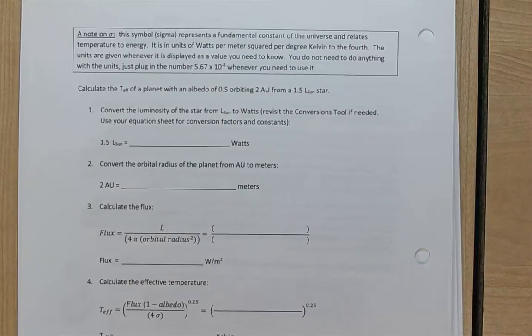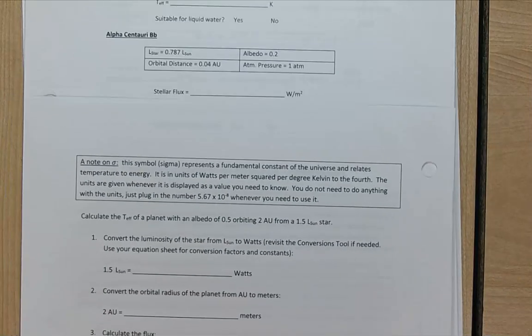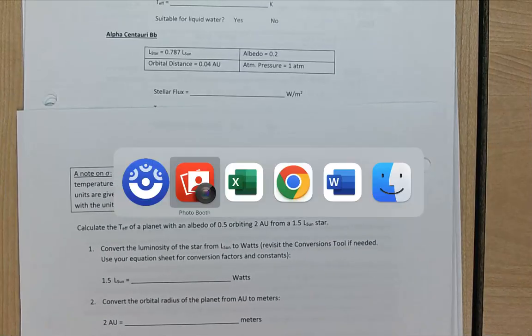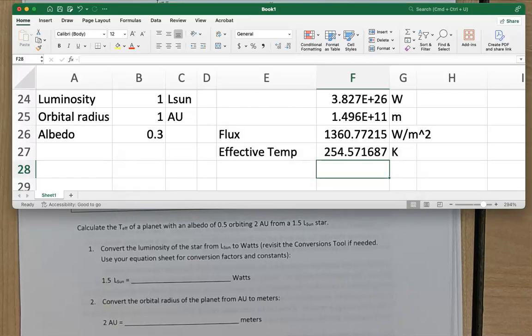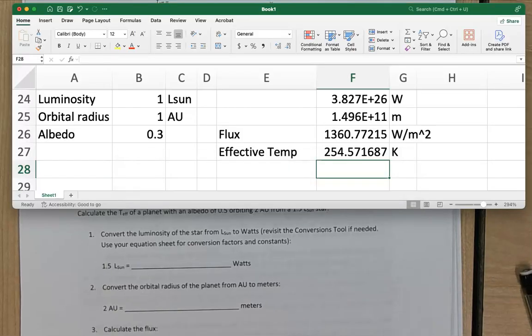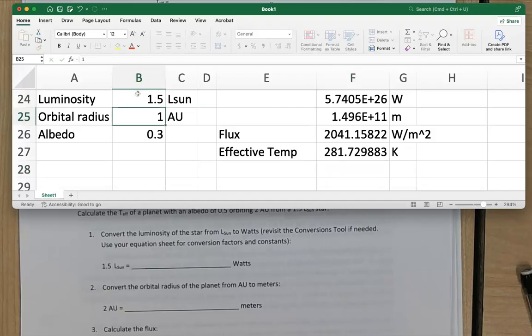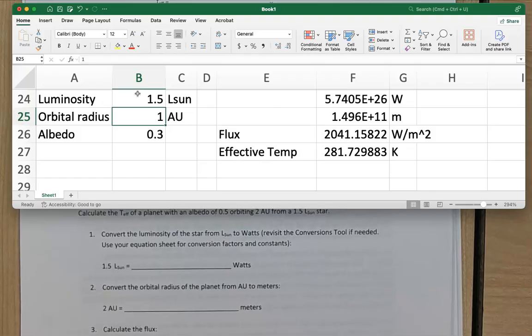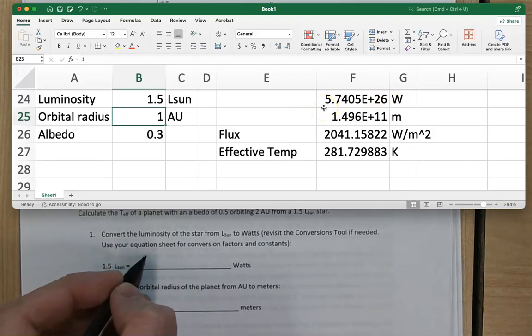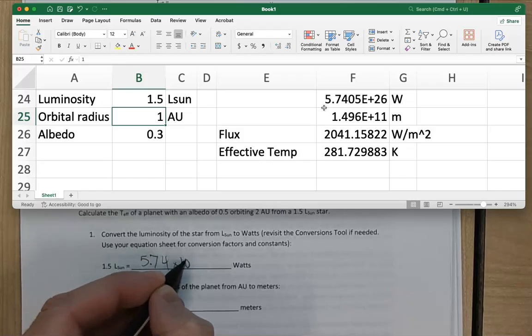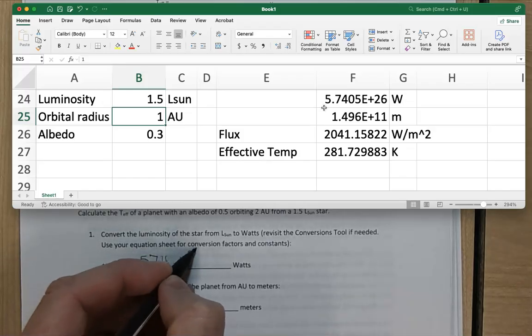Right. And since I've already got the spreadsheet to do this for us, let's see what kind of answers we should be getting. All right. So if you're a planet orbiting a 1.5 solar luminosity star, well, 1.5 solar luminosities is 5.74 times 10 to the 26th watts.